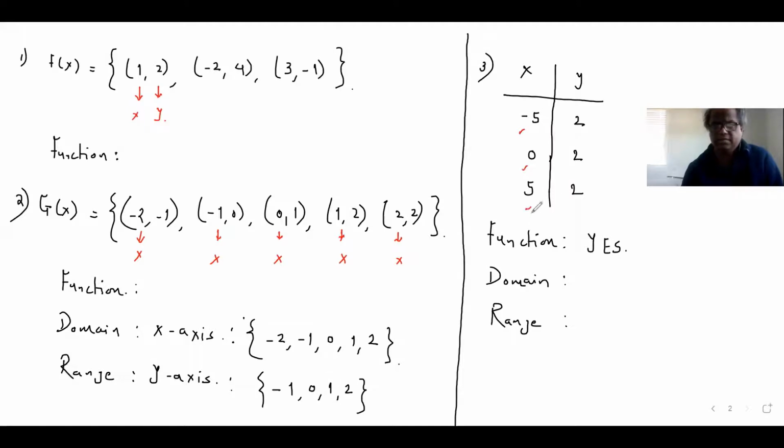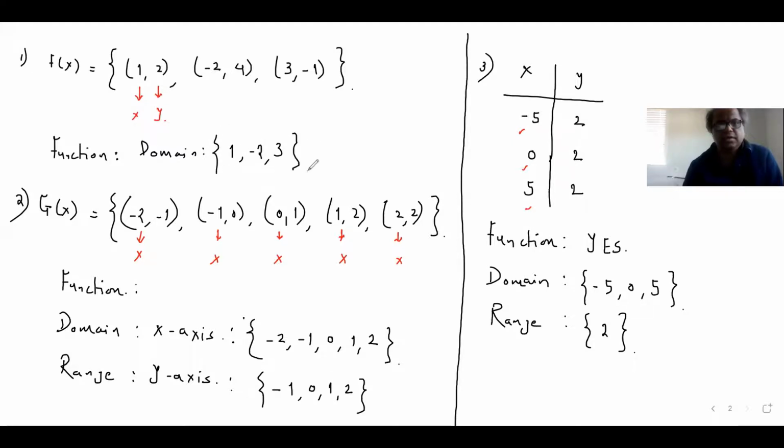As far as domain is concerned, it is {-5, 0, 5}. And as I told you, the range will be simply {2}. You should not write 2 twice, right? And I think I missed out on this one, so the domain would be {1, -2, 3}, and the range would be {2, 4, -1}.